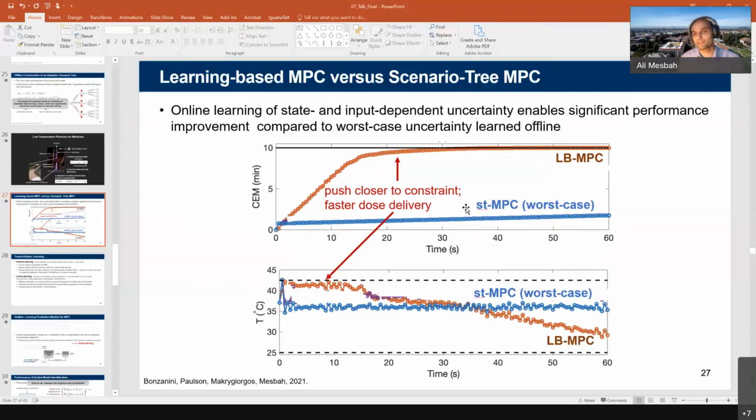Whereas a learning-based approach with state-dependent uncertainty descriptions can. And the hope is that by moving towards learning-based, we reduce the conservative performance that generally comes with robust control. In this case, this leads to a faster treatment time of the patient using this plasma medicine device.